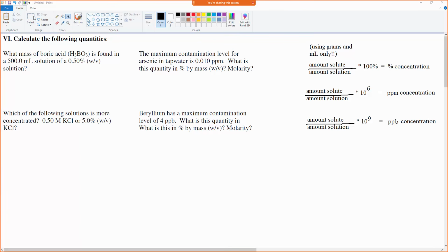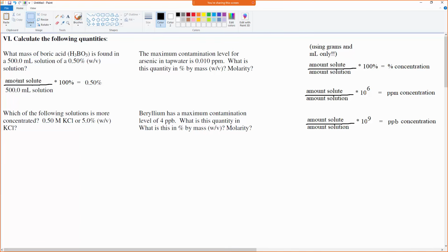So I'm still going to take this exact same equation right here, but now I'm going to say, look, this is the percent concentration. I'm going to stick this in that spot, okay? And they're telling me the total amount of solution is 500 milliliters, so I can stick this in that spot, right?